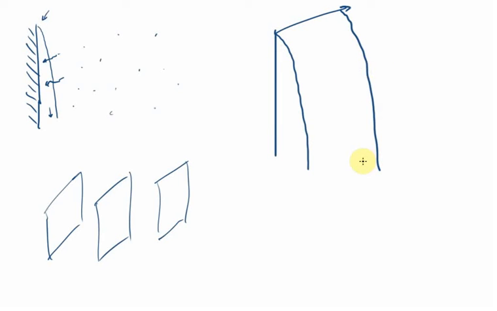So let's define Z to be the distance down the wall. And then let's define X to be the distance from the surface of the film into the film. And we can also define Y to be the distance along the wall. And just be careful, these arrows are of course in different directions.